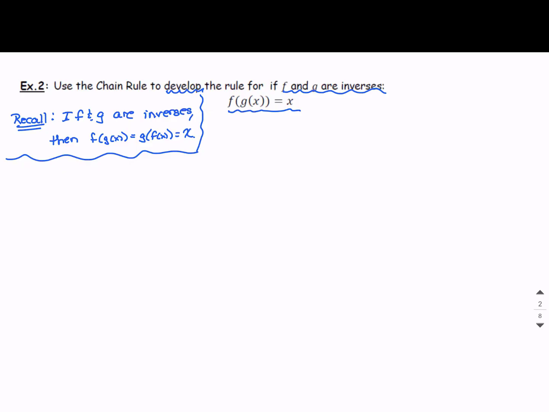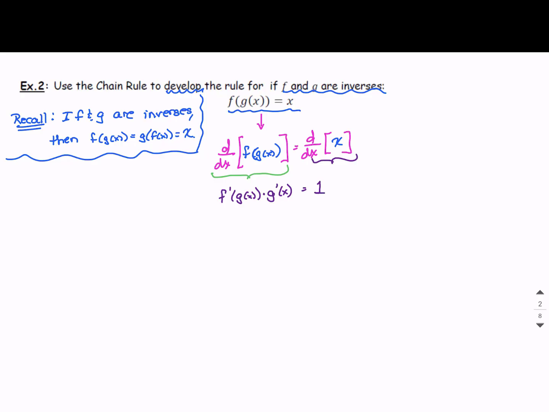So what we want to do here is we know this, so we're going to take the derivative with respect to x of both sides. Now on this side here, we're going to use the chain rule, and that's going to give us f prime of g of x, keep the inside, times the derivative of the inside equals, and on the other side, the derivative of x is just 1.